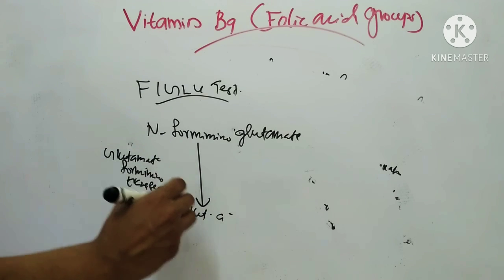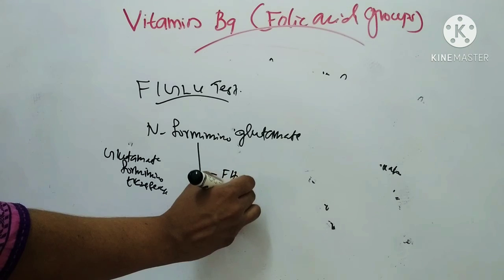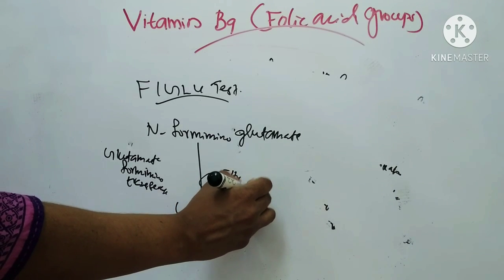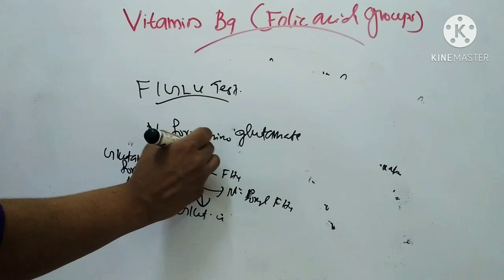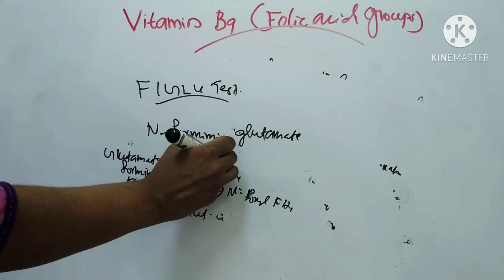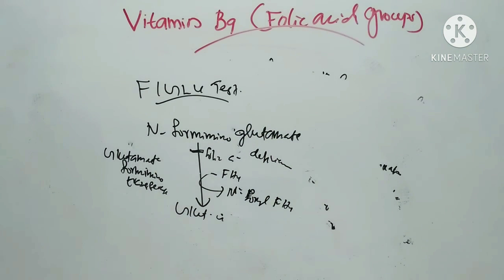Here FH4 is converted to N5-formyl FH4. In folic acid deficiency, this FIGLU test is used to detect folate deficiency.